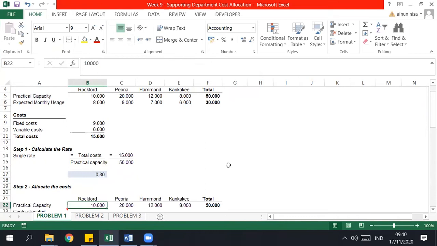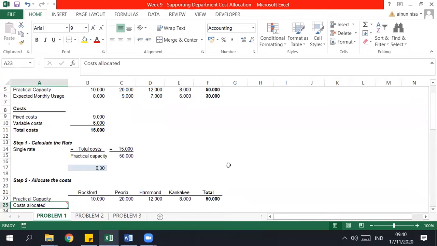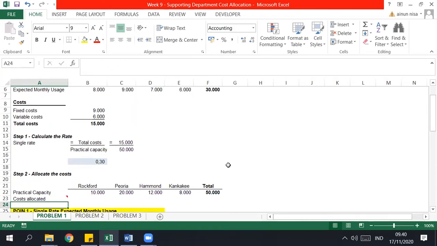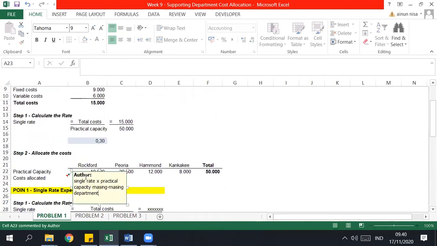After calculating the single rate, the second step is to allocate the cost based on the practical capacity, because in the problem it is stated that the company will allocate the cost based on practical capacity. Therefore, to allocate the cost, we just have to calculate the single rate times the practical capacity for each department.